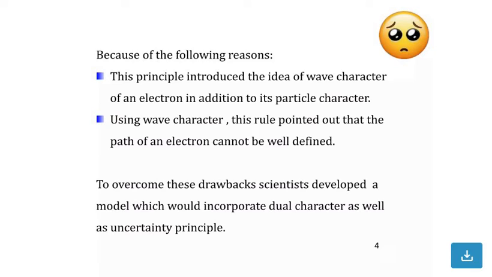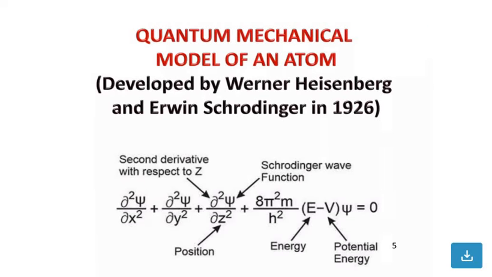To overcome these drawbacks, scientists developed a model which would incorporate the dual character as well as the uncertainty principle. Now you understand some of the history of this chemistry. The quantum mechanical model of an atom was developed by Werner Heisenberg and Erwin Schrödinger in 1926.